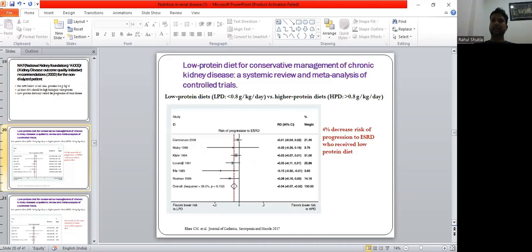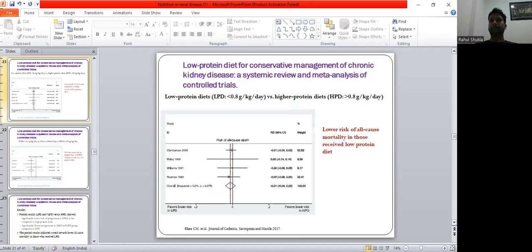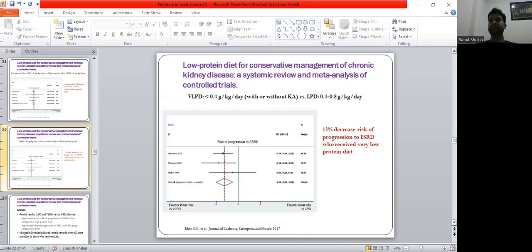Again, several studies and meta-analyses show that a low protein diet is useful in delaying the progression of kidney disease to end-stage kidney disease. Again, there is lower mortality in those receiving a low protein diet, so it has been found useful in comparison to a high protein diet.